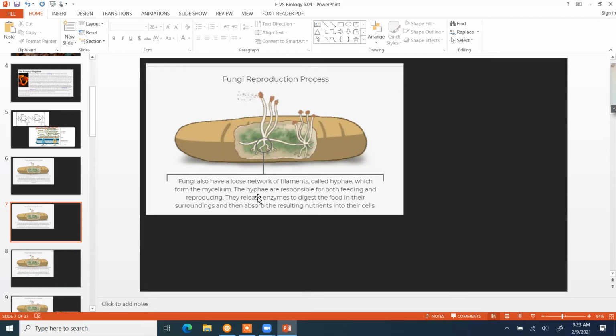And so how do the hyphae eat? They don't make their food like plants. They don't have a mouth like animals to consume and digest things. So they release all kinds of enzymes into the environment. An animal takes in food and has the enzymes and chemicals in the stomach to digest things.